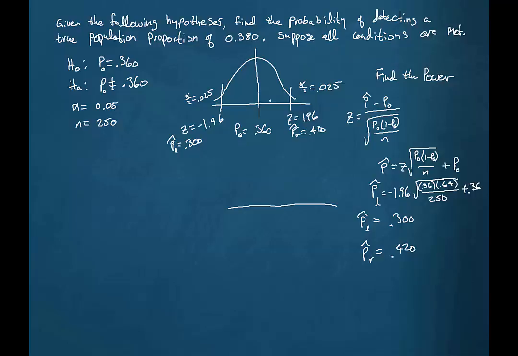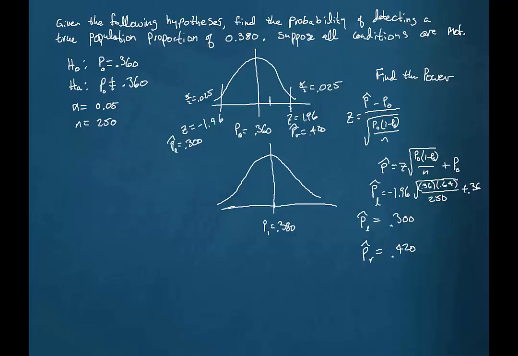So it's somewhere in here. So this is where our actual proportion will be. So we'll call that P1, 0.380. And our distribution then will be centered on that value.